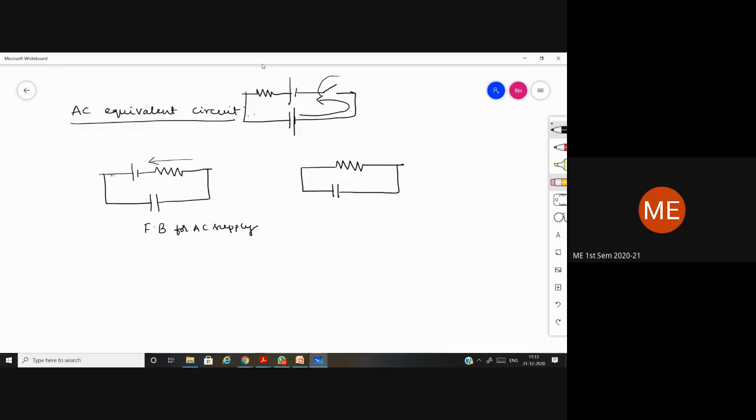What is the total resistance offered by the open circuited switch? Zero, sir. Resistance offered by open switch. What is the resistance?